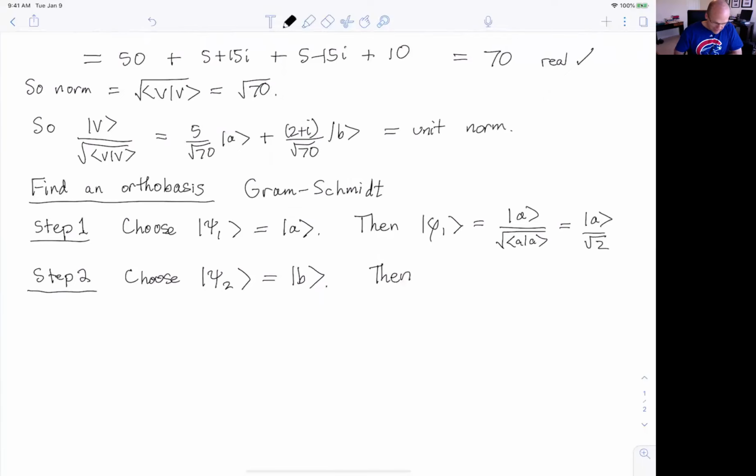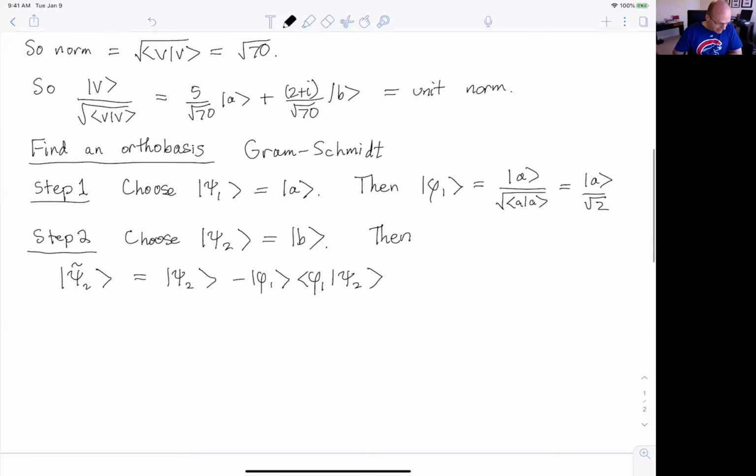Okay, and so then we define psi2 tilde, and psi2 tilde is psi2, and what you do is you subtract off the projection onto every previous vector. So in this case, it's phi1, phi1, psi2.